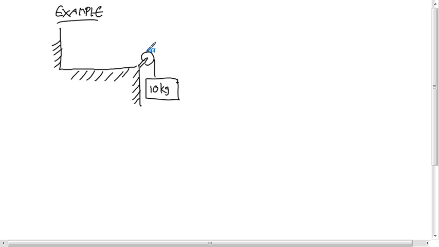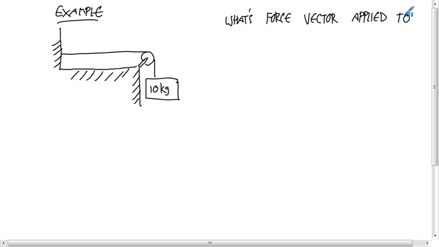And the other end of the cable attaches to the wall. And let's say that what we want to know is what's the force vector applied to the wall by the cable.